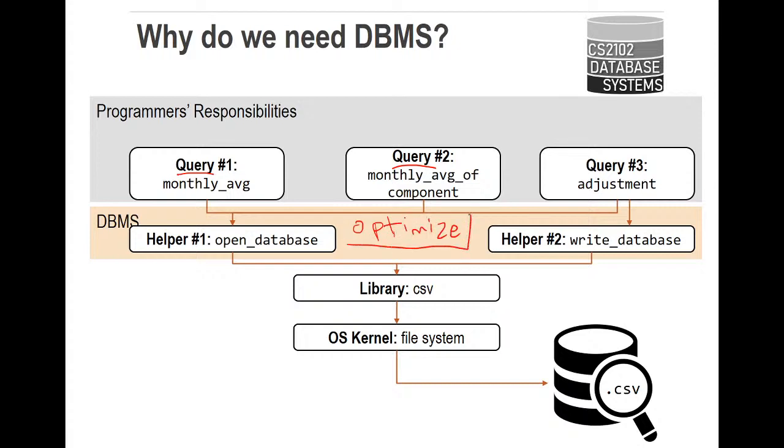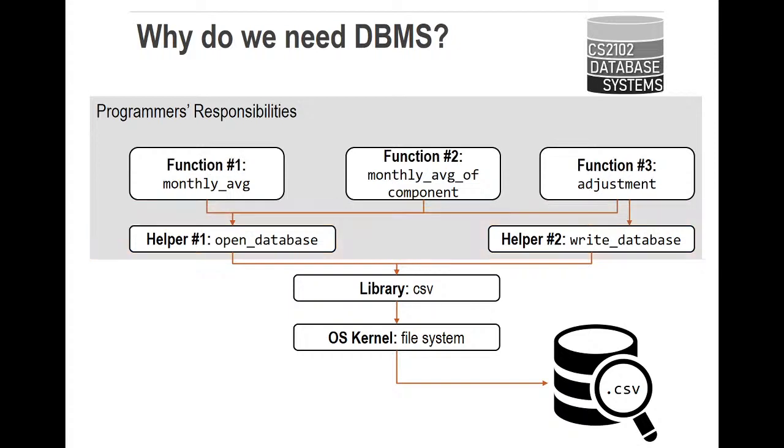As long as you get your final result correctly, then it doesn't matter how those data are obtained, then that query is working. Okay, so the DBMS can optimize your query. But if you're using a traditional data processing, that optimization is not there. You need to write a function that is already optimized for that.